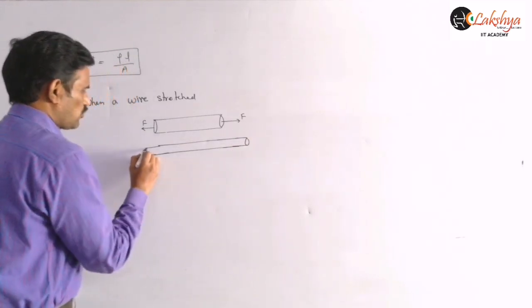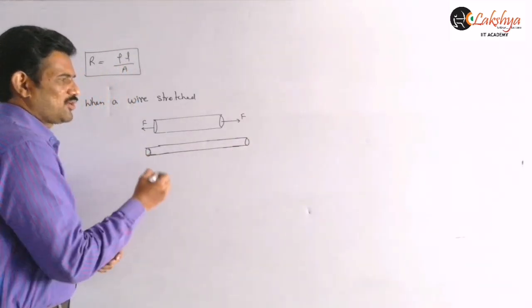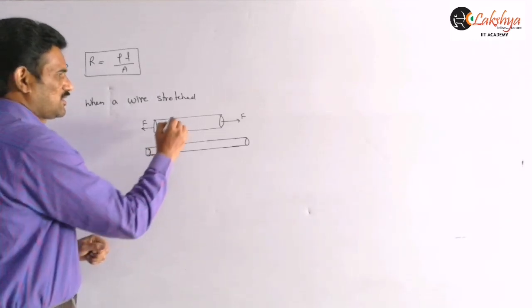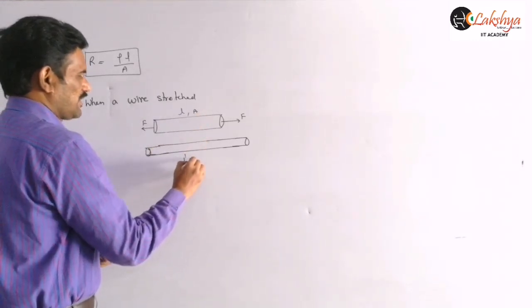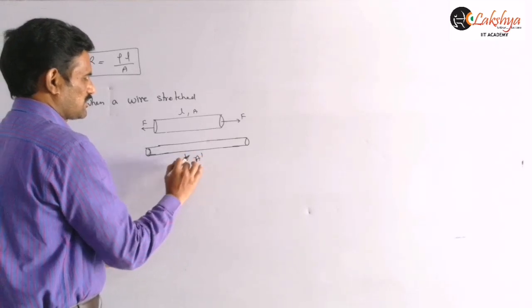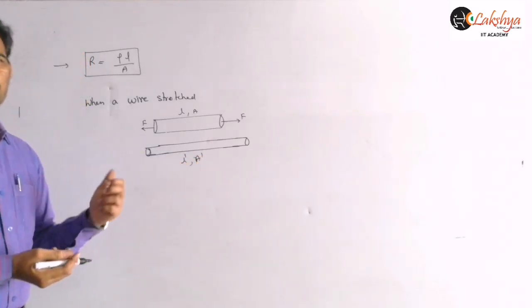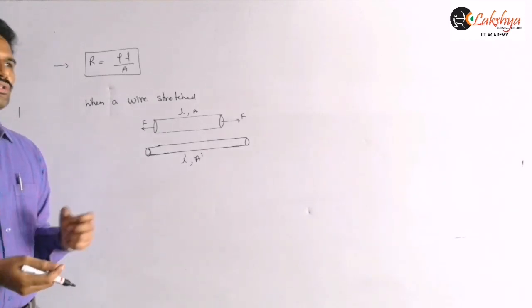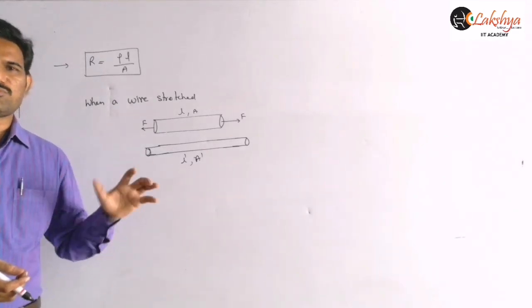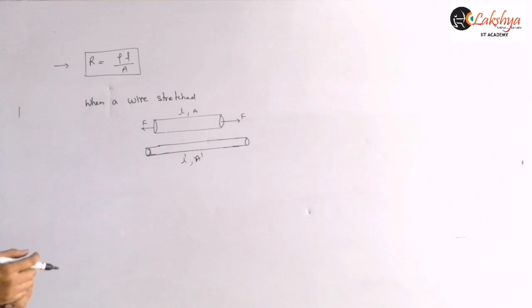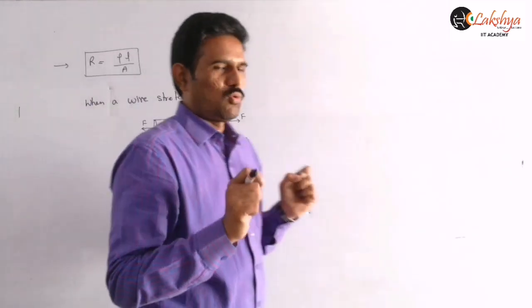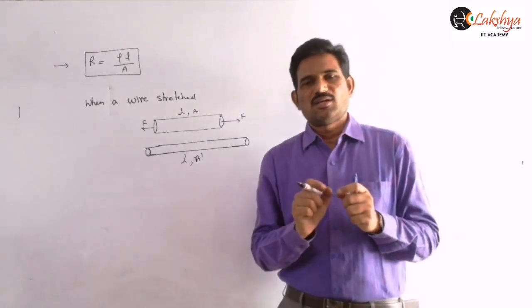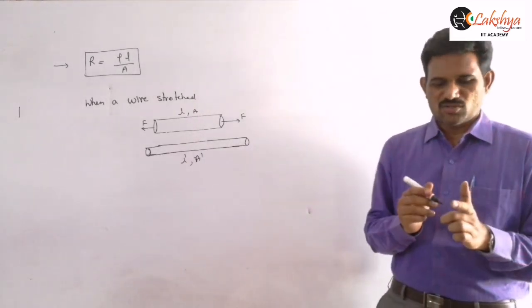Initially suppose L and A, then this will be L dash and A dash. So here we assume that the volume of that material will remain constant, but length and area of cross section are changing there.